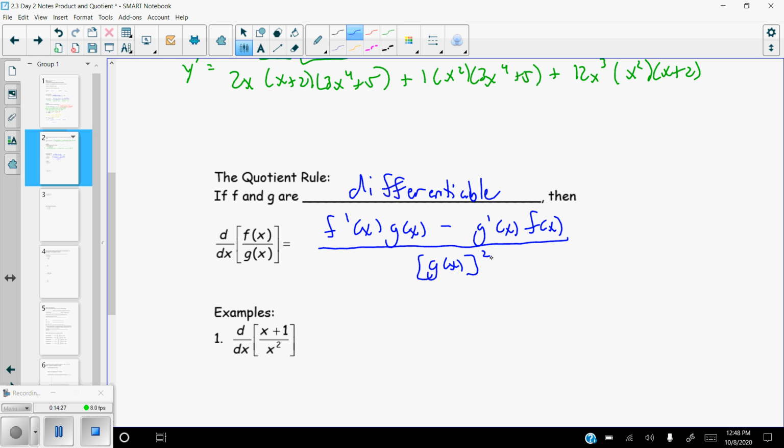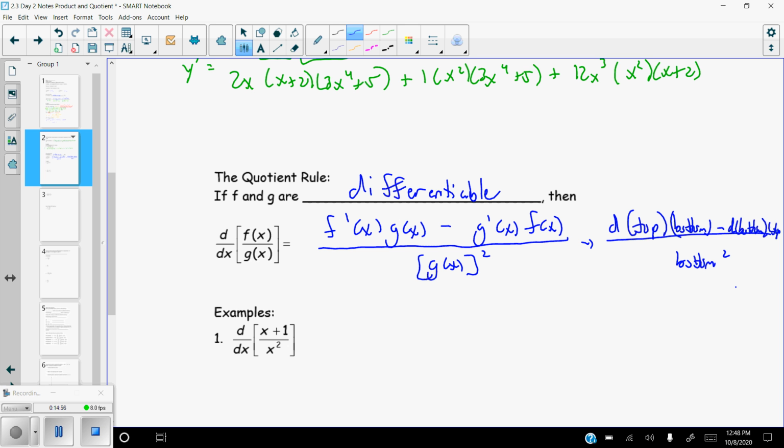So there are different ways that people say this verbally in their head to kind of remember it. Instead of using first and second here, I use top and bottom. So the way I would say it is the derivative of the top times the bottom minus the derivative of the bottom times the top all over the bottom squared.